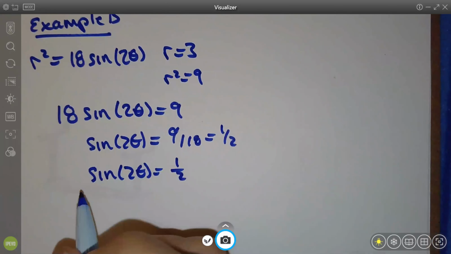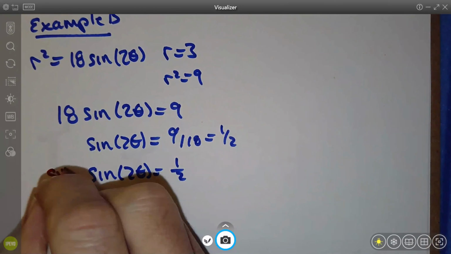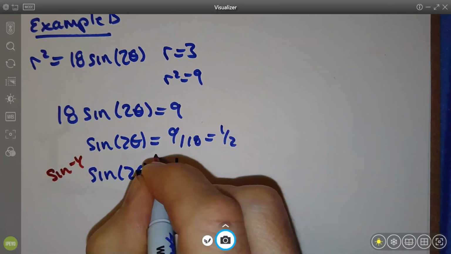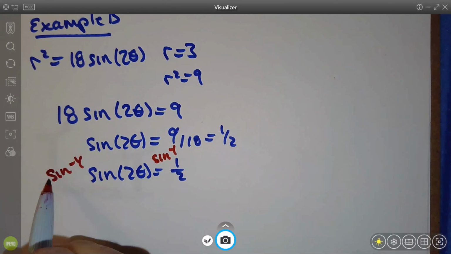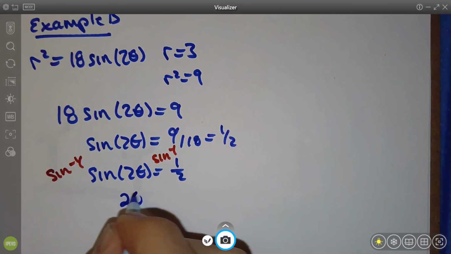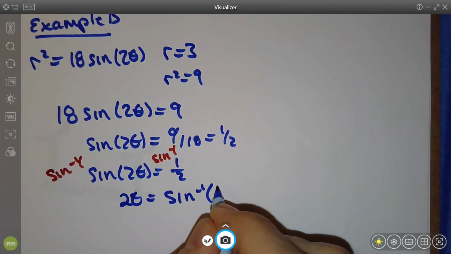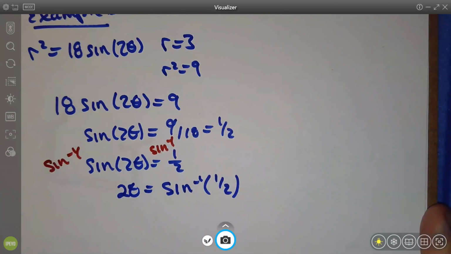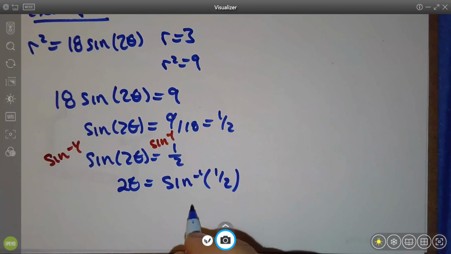To solve here, I can take the inverse sine on both sides. These two operations cancel each other out, so I'm just left with 2 theta equals the inverse sine of 1/2. Well, there's lots of different answers to this, but I think that we want just the first one that we come to.